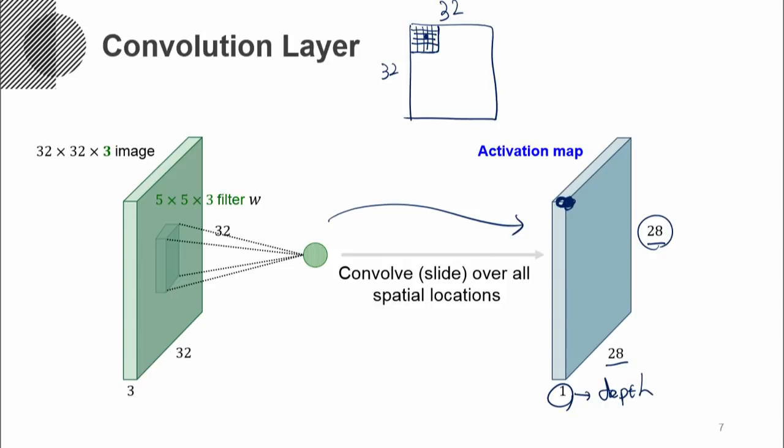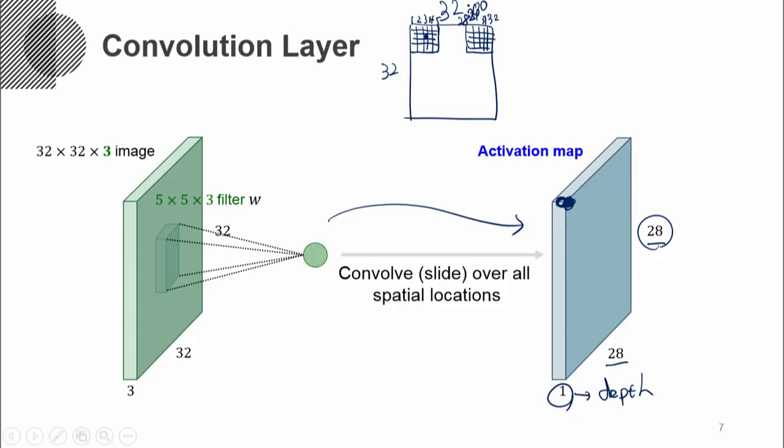Let's enumerate them: 1, 2, 3, 4, 5, and the rightmost part will be 1, 2, 3, 4, and it will be 32, 31, 30, 29, 28.